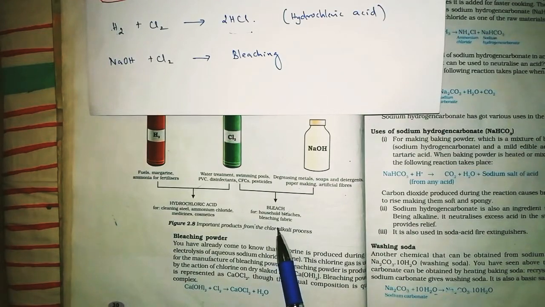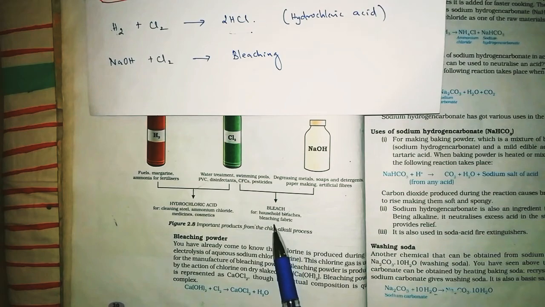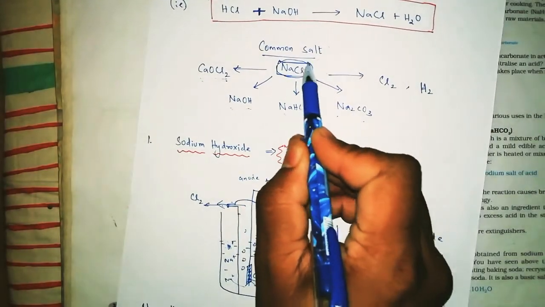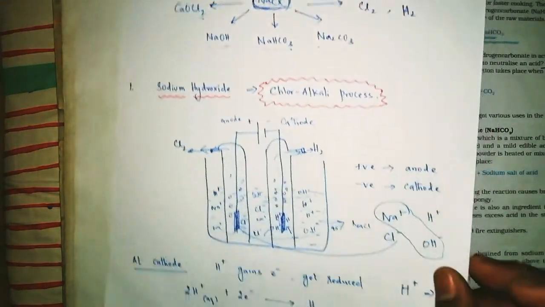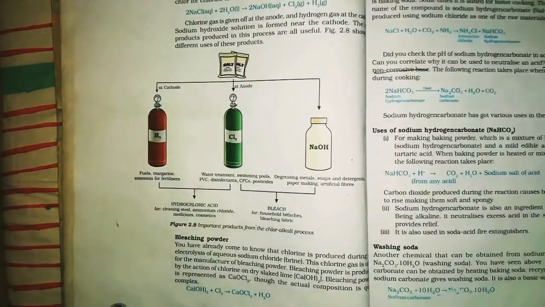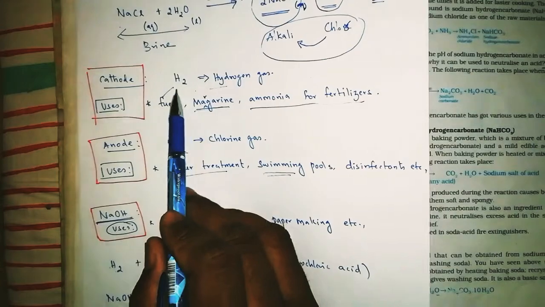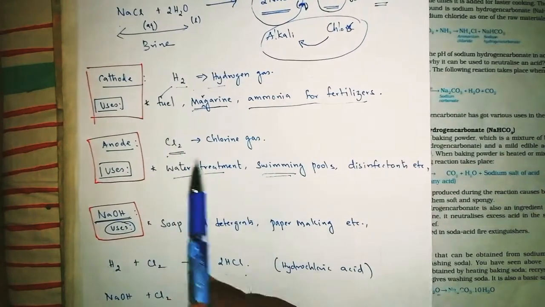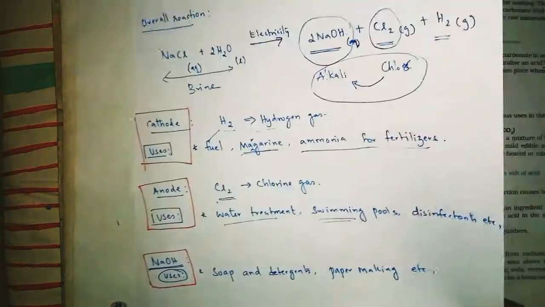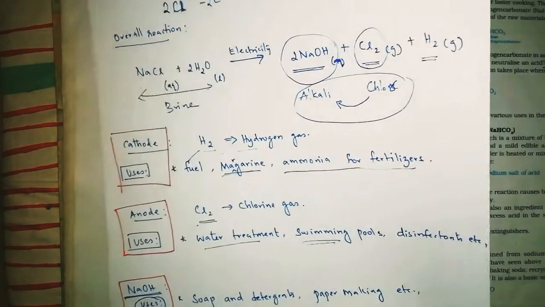Even we use this bleach in our home, bleaching powders, bleaching fabrics, right? So why am I telling this? Just by this sodium chloride, we prepared not only sodium hydroxide, we prepared hydrogen as well as chlorine also. So you see how useful this sodium chloride is, right?